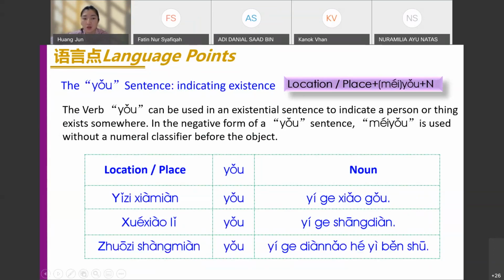Then 桌子上面有一个电脑和一本书。桌子上面 means on the table. On the table there is one laptop and one book. So make sure you understand the sentence pattern and how to say each sentence.